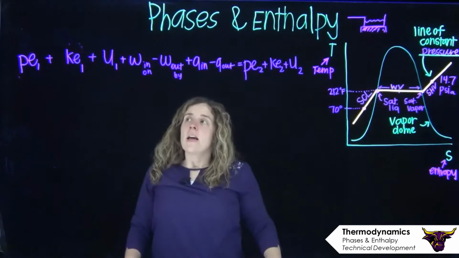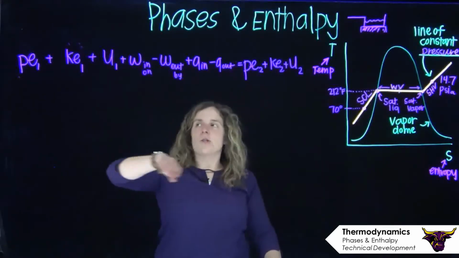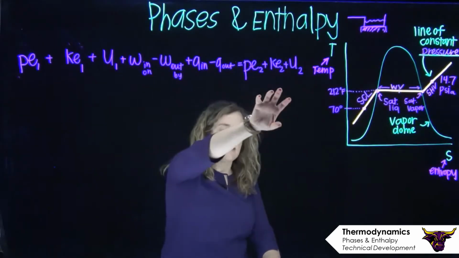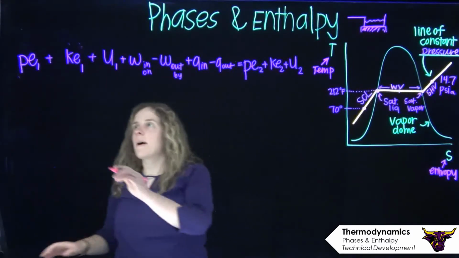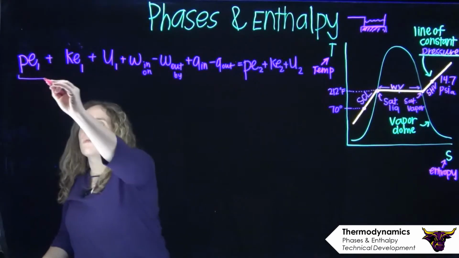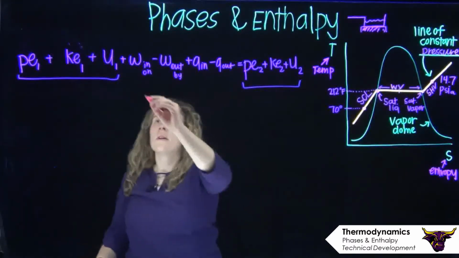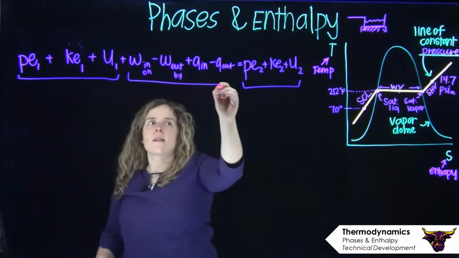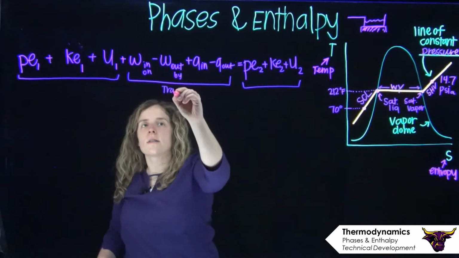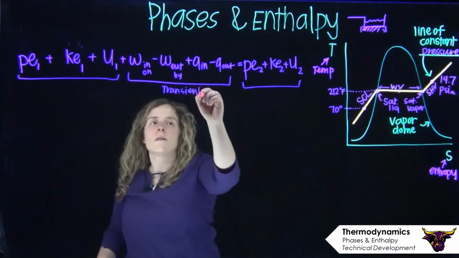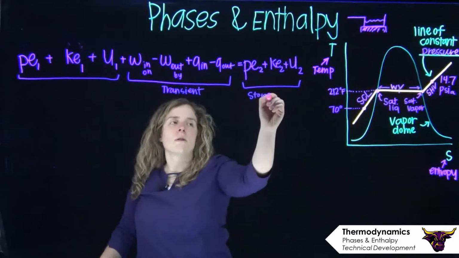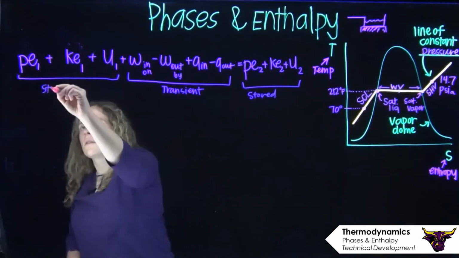Okay, so when we look at this overall equation and think about state 1 versus state 2, this is our stored energy beforehand, and this is our stored energy afterwards. This is our transient. So let's put stored, transient, and stored.